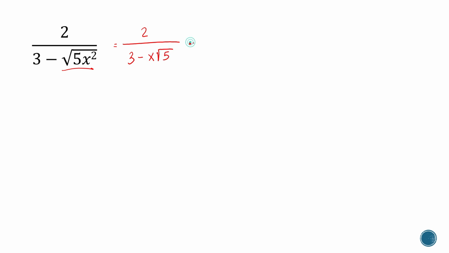And I'm going to multiply that by the conjugate, which is 3 plus the square root of 5. And in the numerator, we have 3 plus the square root of 5 as well. Notice that for the conjugate, we just switch the sign of the second term, the one that has a radical. So from negative, now it's positive. The sign of the 3 doesn't change; it's still 3.